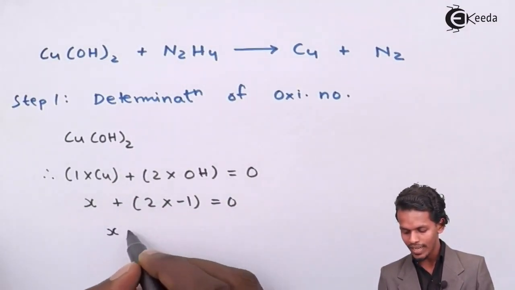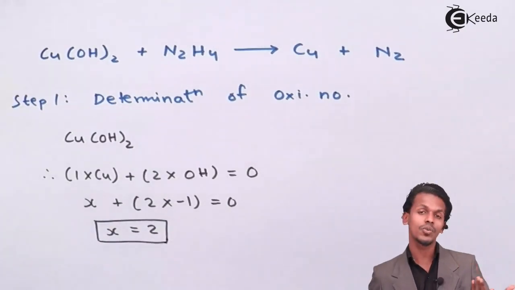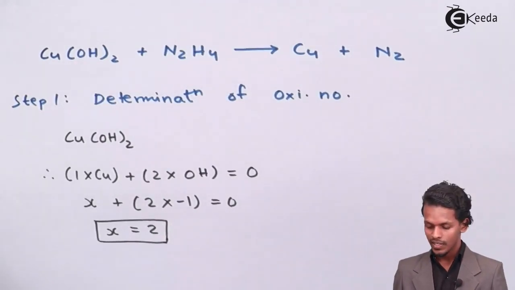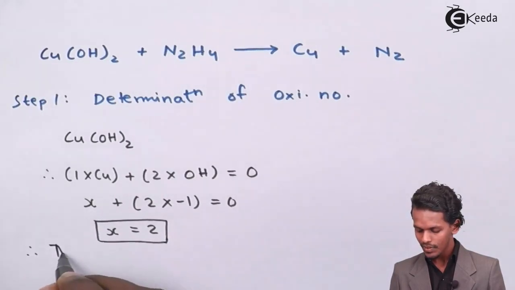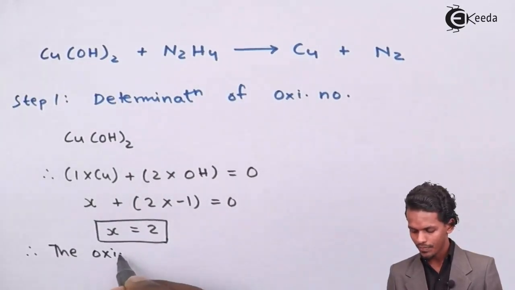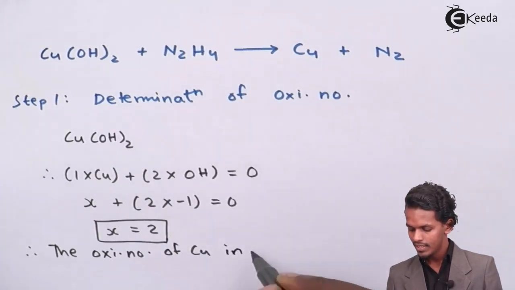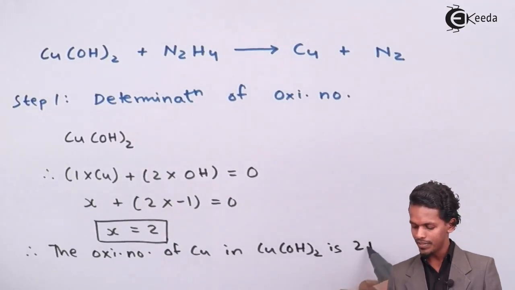So eventually I have got the answer that the oxidation number of copper in Cu(OH)2 is +2.